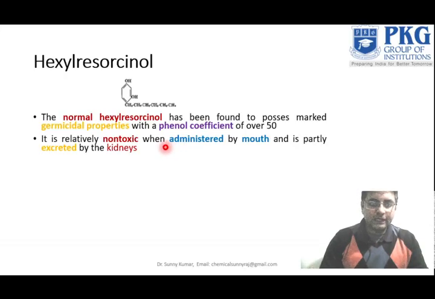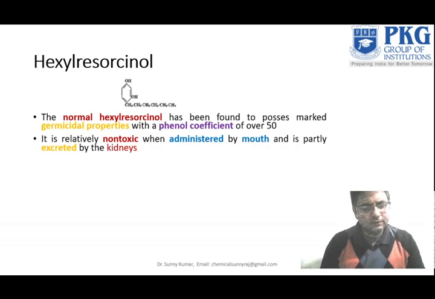It is relatively non-toxic when administered by mouth and is partially excreted by the kidneys. So this is also a very medicinal component which is used for pharmaceutical purposes.